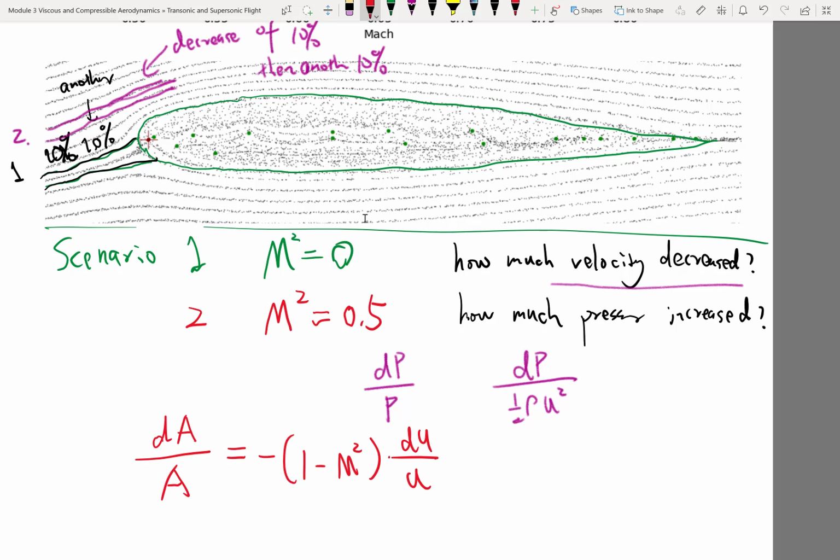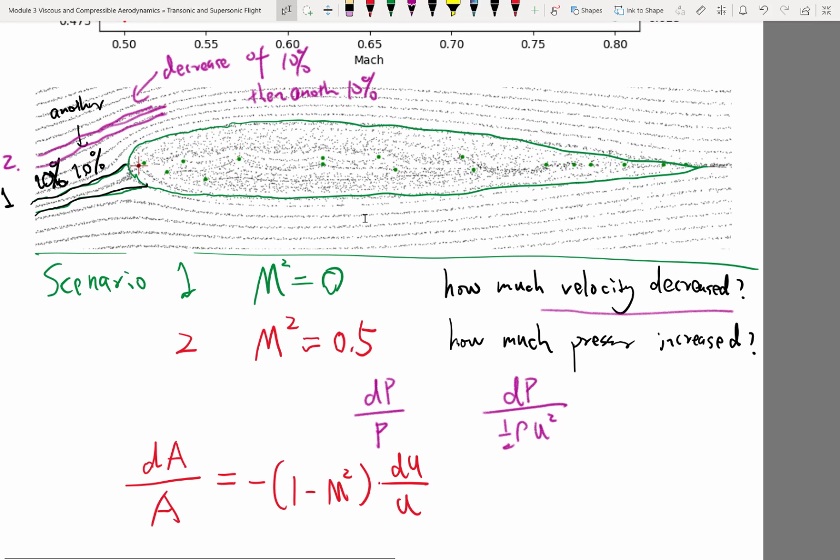But maybe you've thought about this. In the accelerating stream tube, M squared is no longer a constant, right? For the decelerating stream tube, M squared is also not a constant.